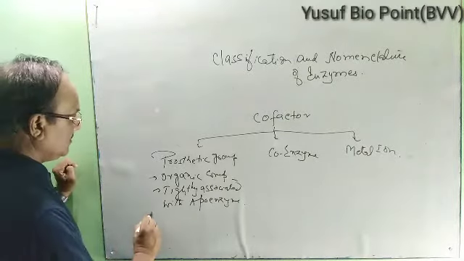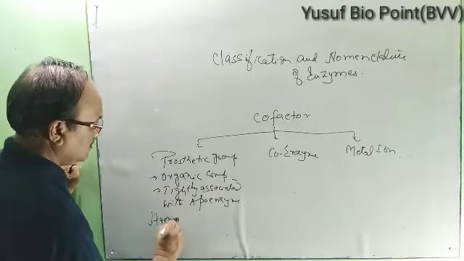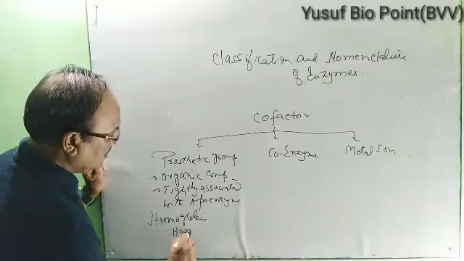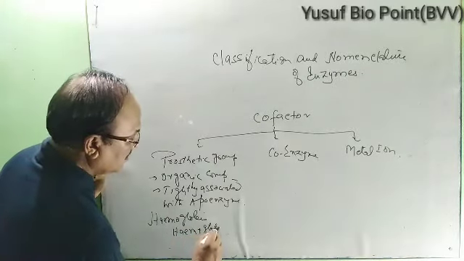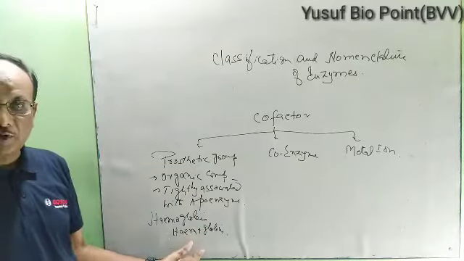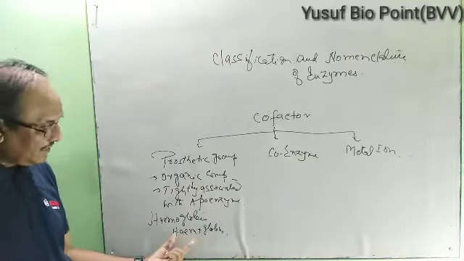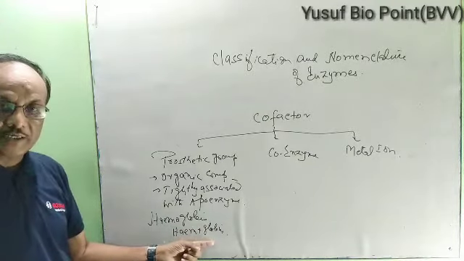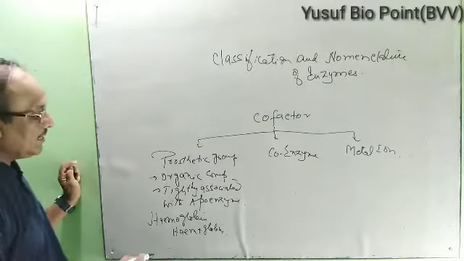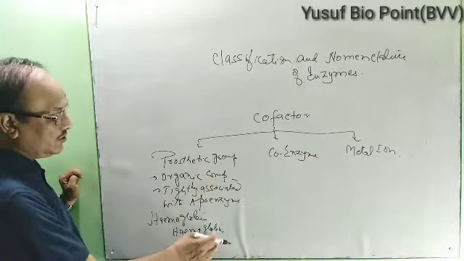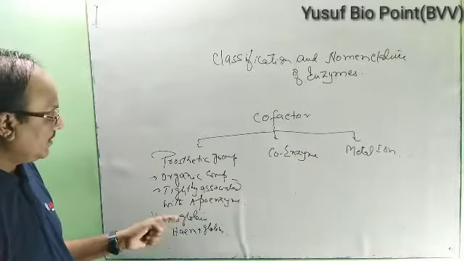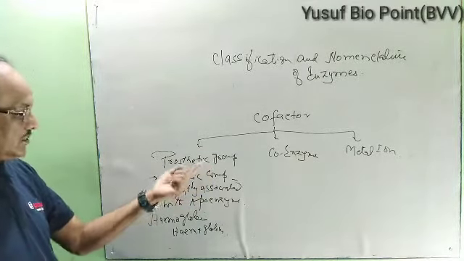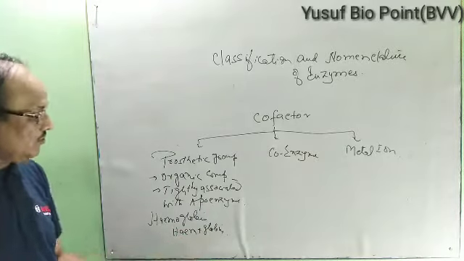As for example, hemoglobin, it is heme plus globin. Globin is a simple protein, that is enzymes, and heme is a non-protein compound. So non-protein compound is attached to the globin or protein. So heme is the prosthetic group which is attached to the protein. So the hemoglobin is the example of that. Heme is the prosthetic group and globin.